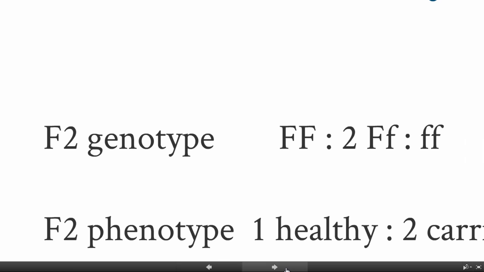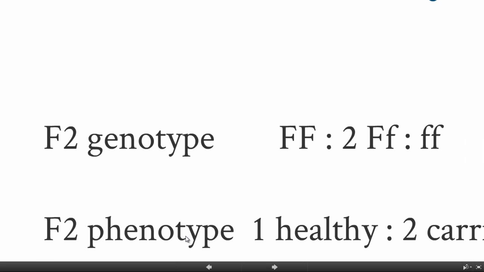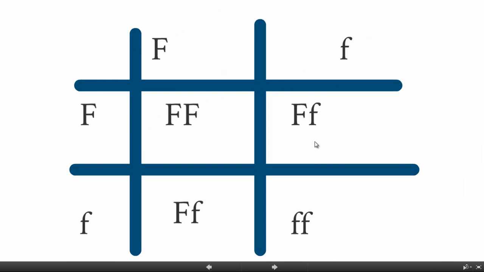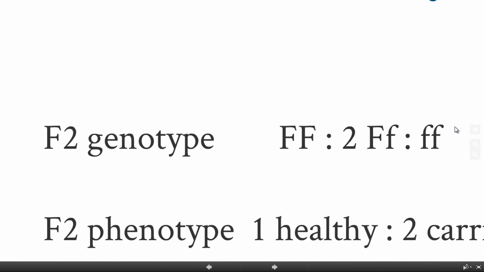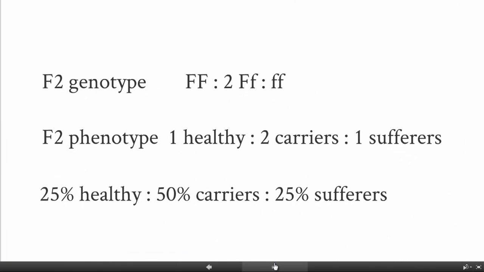You can get an individual with genotype big F big F, two individuals with big F small f, and one individual that has the condition, small f small f. The reason it's two is that there are two of them there. So the F2 phenotypes will be one healthy, two carriers, and one sufferer.